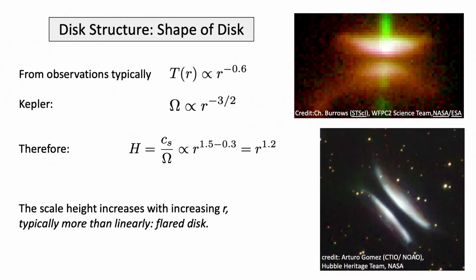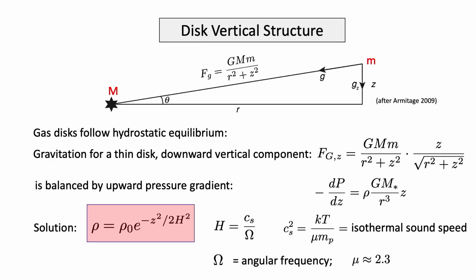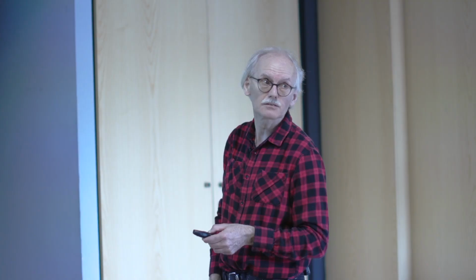I don't want to go into any details here. Here's a temperature profile that is typical for disks. As a function of radius, temperature gets lower and lower if you go farther and farther away. This is Kepler's law: omega goes with r to the minus 3/2. You put that in and you get, for h, which is this term here, the thickness of the disk.